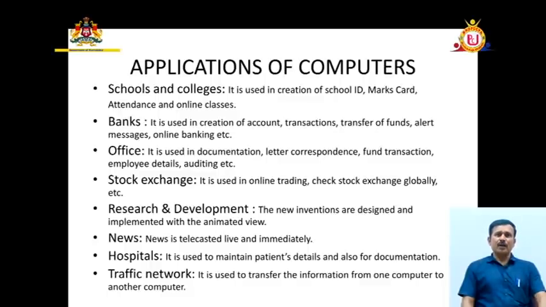Then generations came into existence, where we classified different generations right from 1942 till now. First generation computers used vacuum tube technology. Second generation computers replaced these with transistors for internal operations. Third generation computers used integrated circuits, where transistors are replaced by integrated circuits.